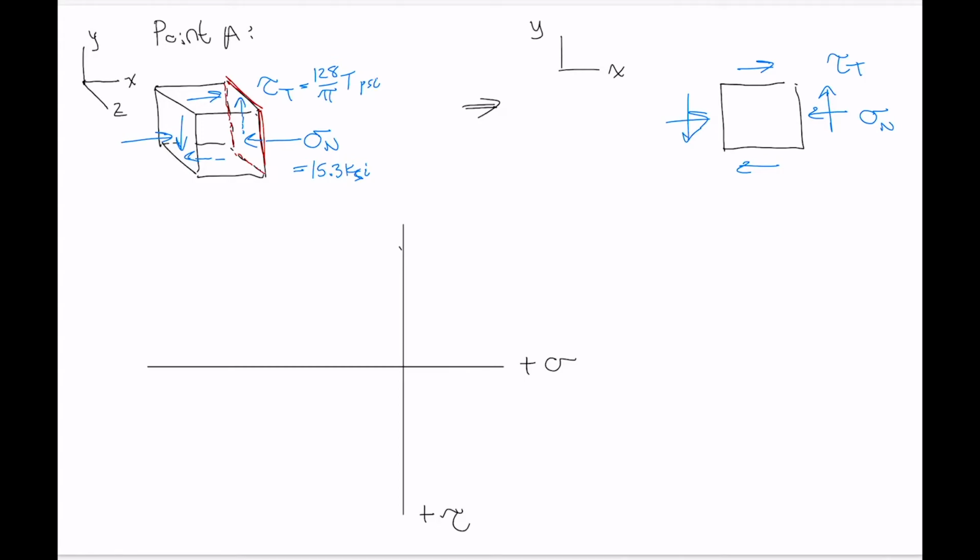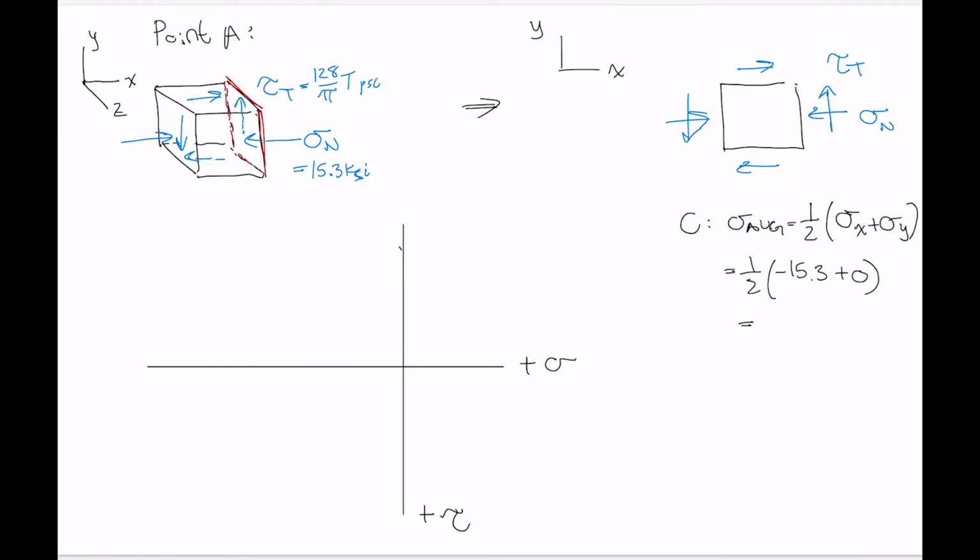So the first thing that we need to plot Mohr's circle is where the center of the circle exists, and that's given by the average normal stress, right, which in this case, we're in the XY plane, so it's half of sigma x plus sigma y, the average of those. And that is the value of sigma n, 1/2. Now it's compressive, so don't forget to put it in as a negative, 15.3 plus 0.